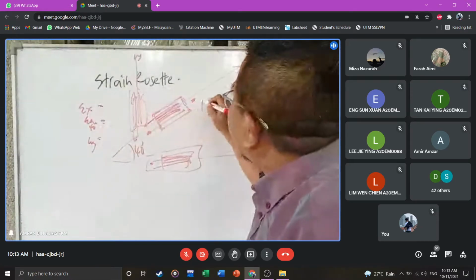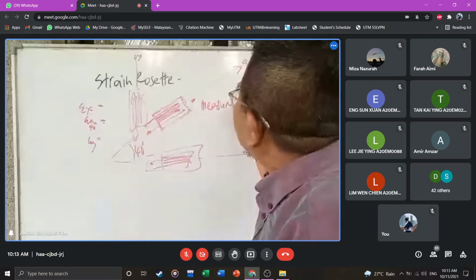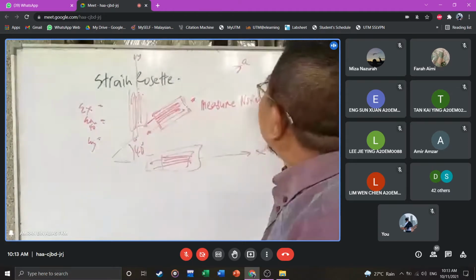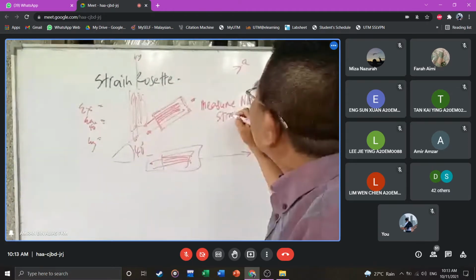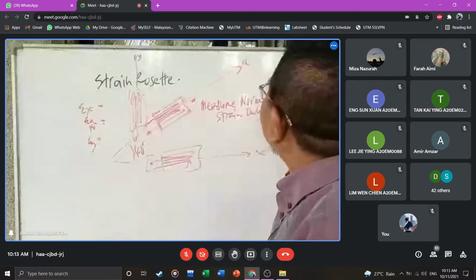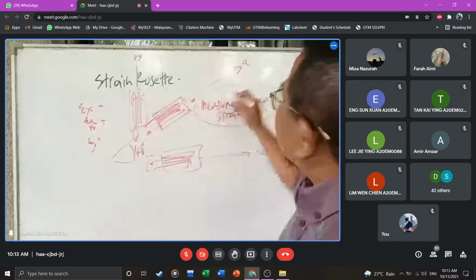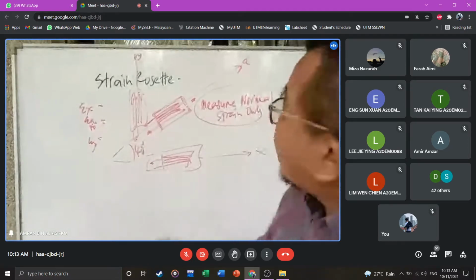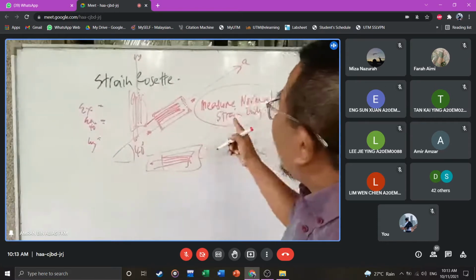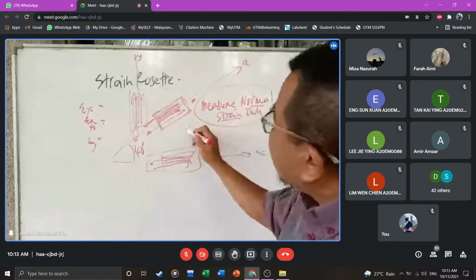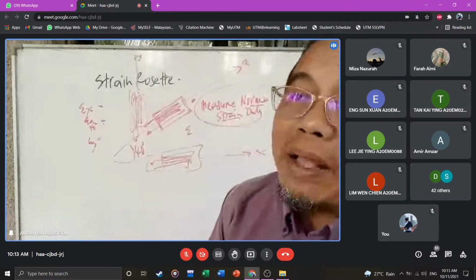Strain gauge measures normal strain only. Strain rosette measures normal strain E only, not gamma.